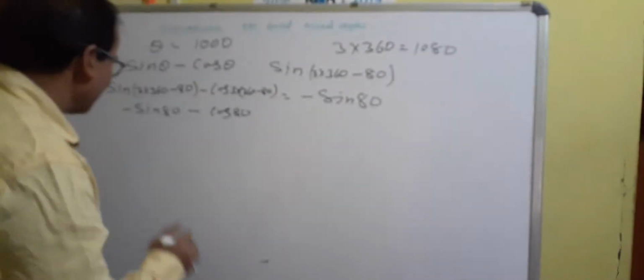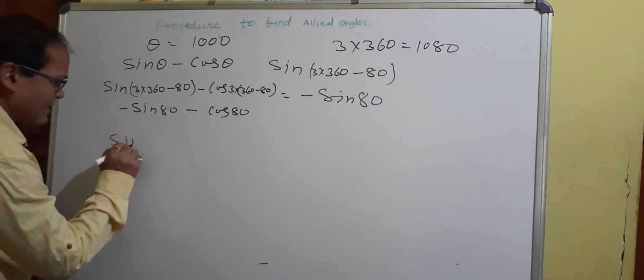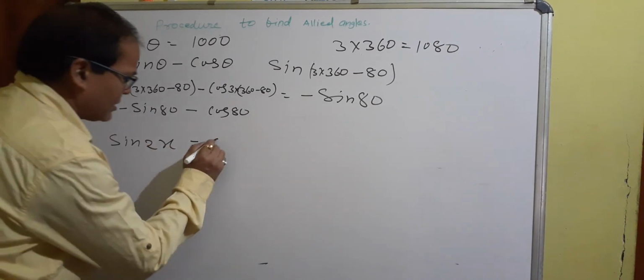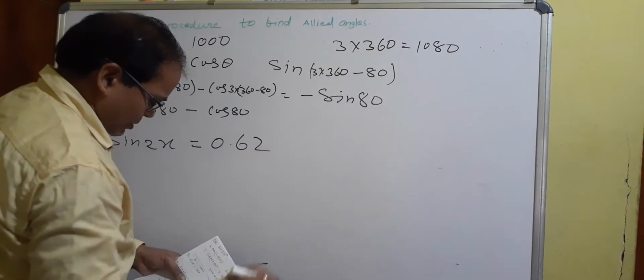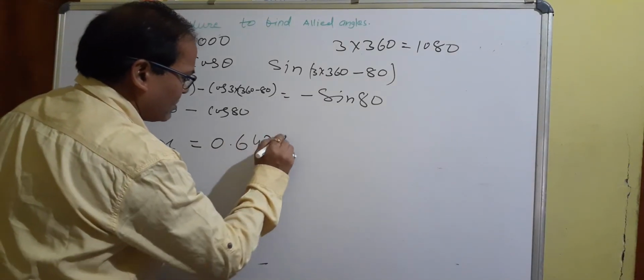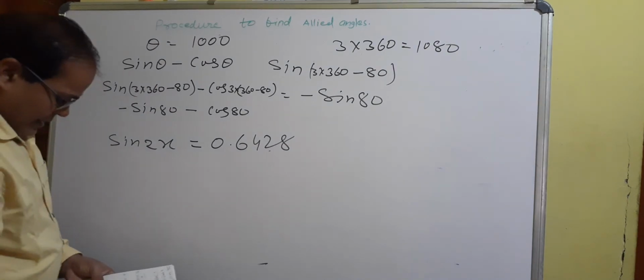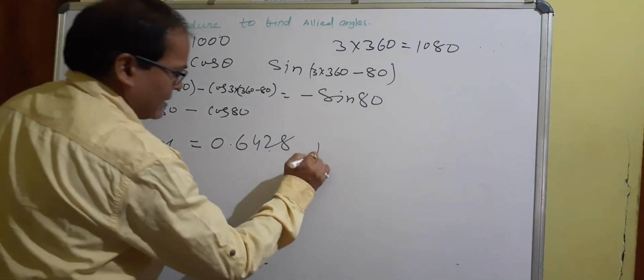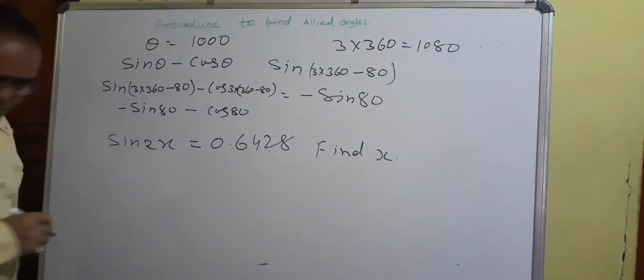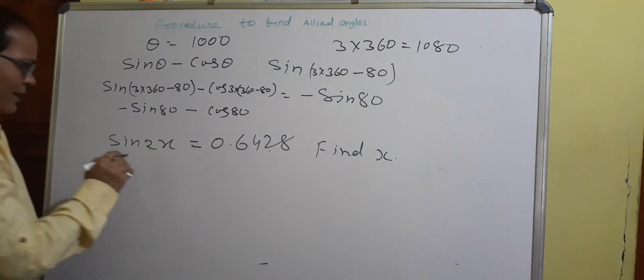Another type of question is sine 2x. Suppose sine 2x is equal to 0.6428. Then find x. How will we find it?